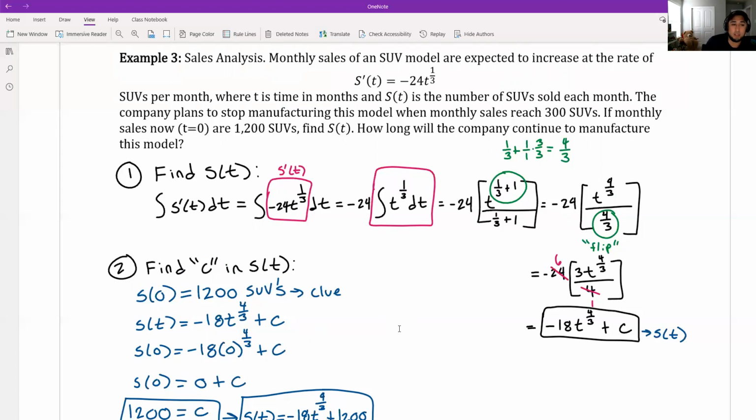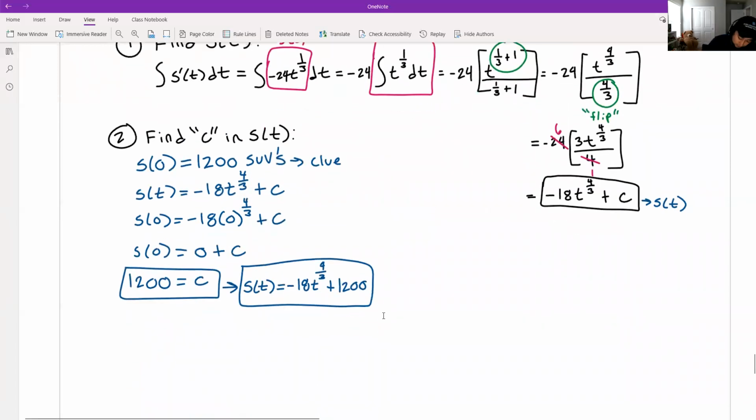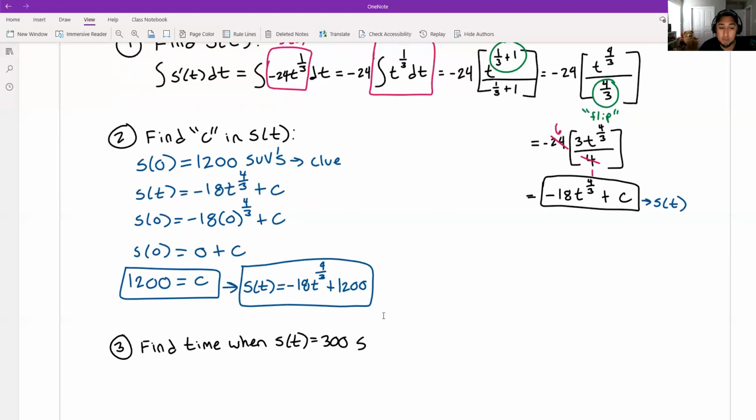Step 3 says, find time when S of t equals 300 SUVs.